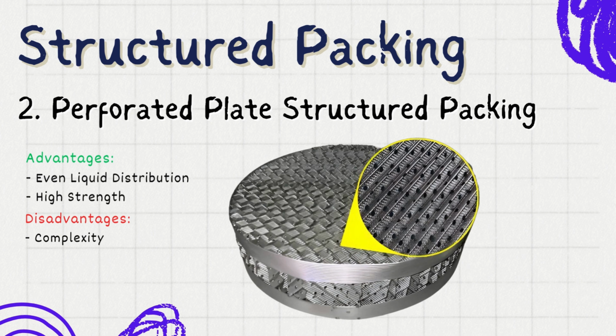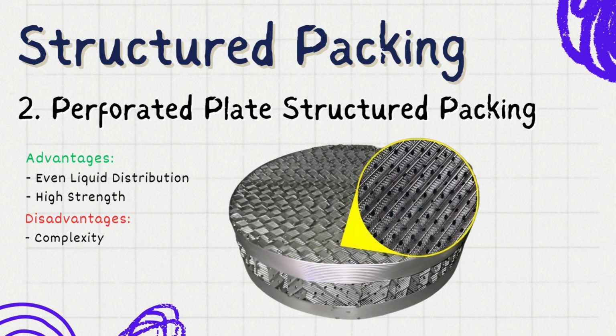Which means, in comparison to the wire gauze structured packing, this type of packing has metal plates with perforations on them, corrugated together, due to which there is even liquid distribution compared to the other types of packing, and this improves the surface wettability of the packing.